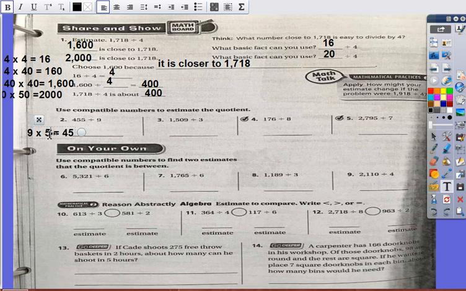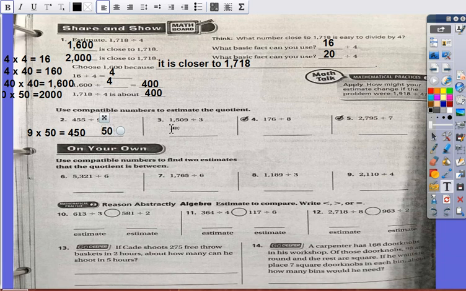What would happen if I added a 0 here, and then added a 0 on my end? Awesome, I got pretty darn close, didn't I? So 455 divided by 9 would be the same as 450 divided by 9, or 50. I'm going to put 50 on the line there, because 50 times 9 is 450.